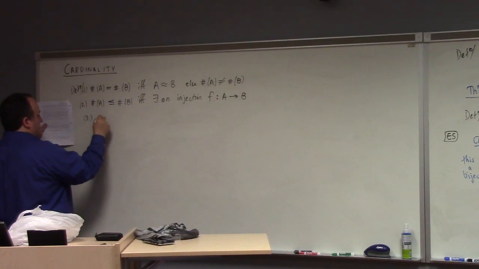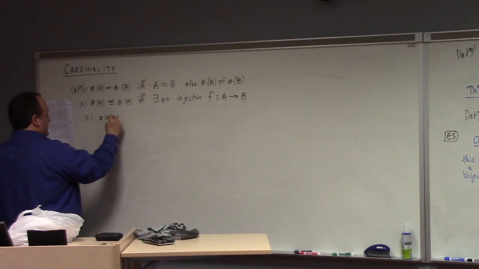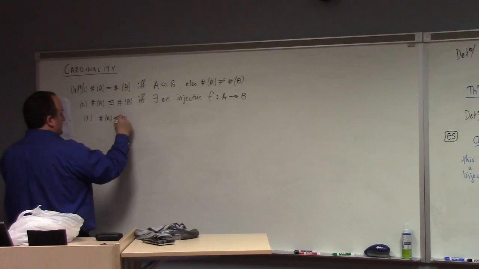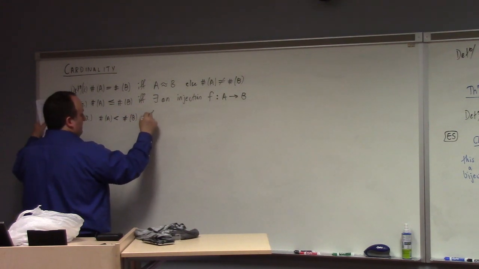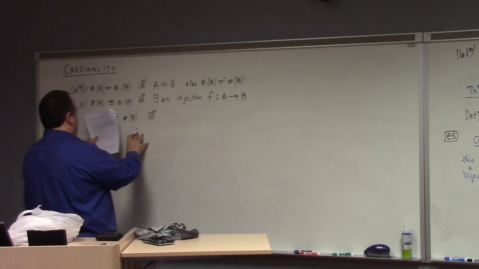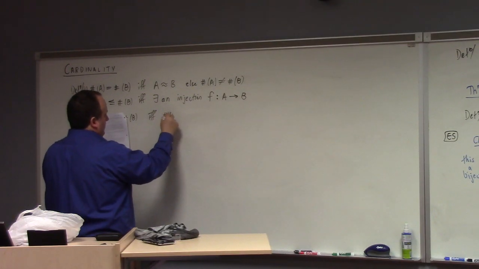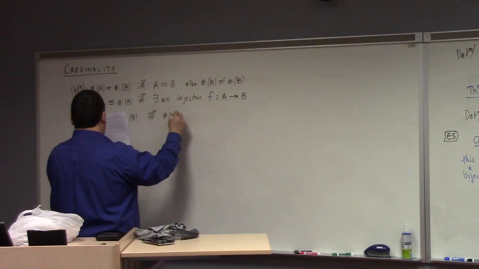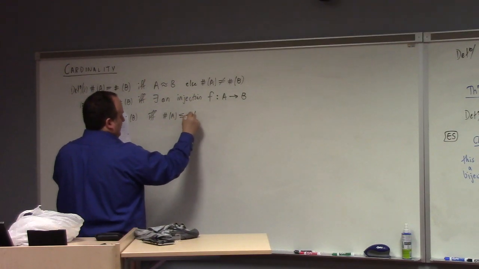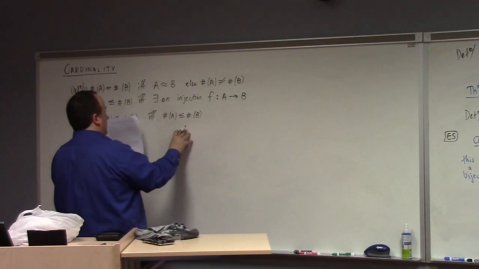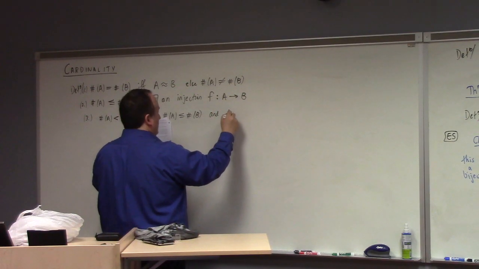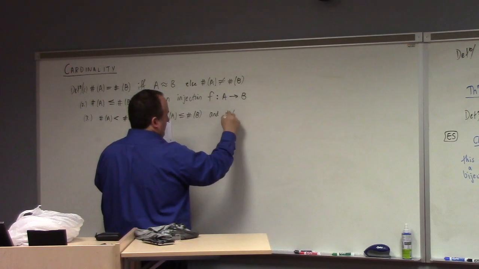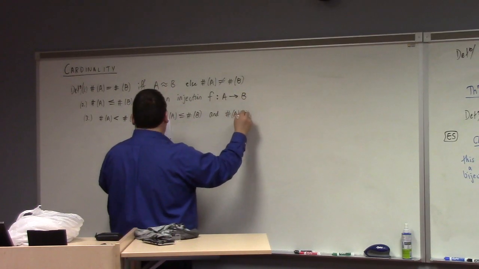The cardinality of A is strictly less than the cardinality of B if and only if the cardinality of A is less than or equal to the cardinality of B and the cardinality of A is not equal to the cardinality of B.